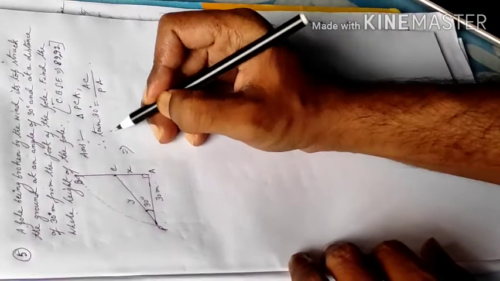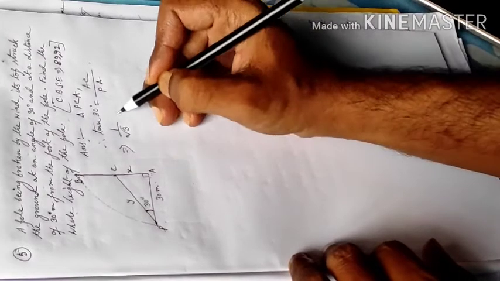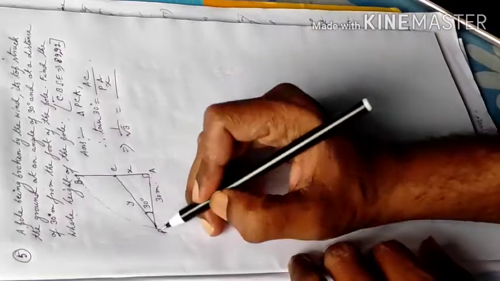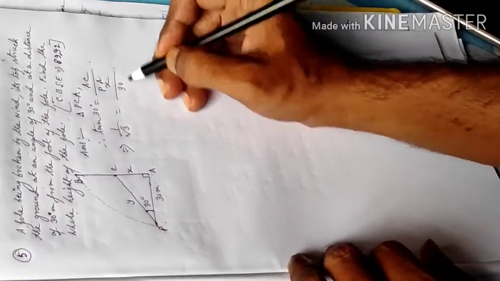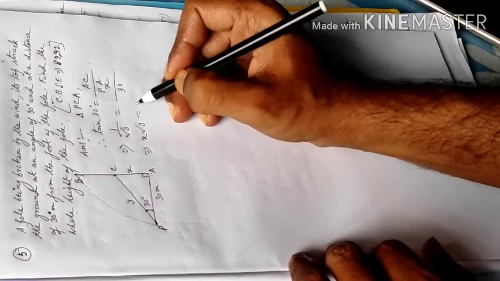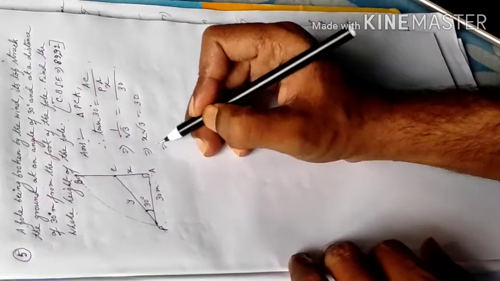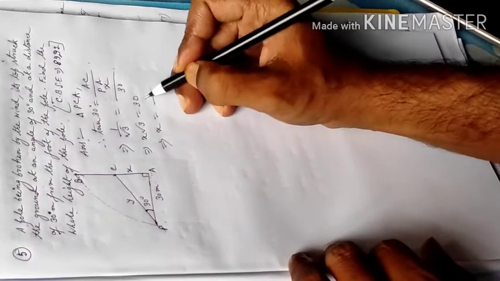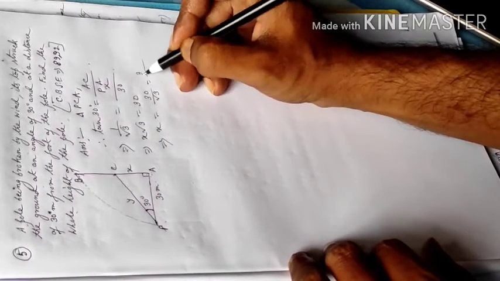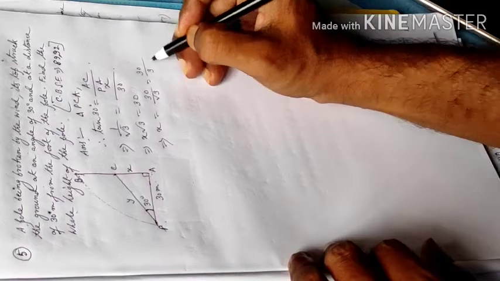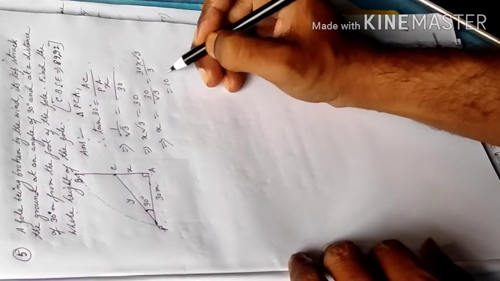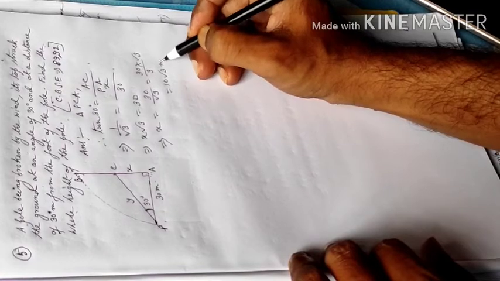So tan 30 is equal to 1 by root 3, which is equal to AC, that is x, by PA, that is 30. Therefore x root 3 is equal to 30, or x is equal to 30 by root 3, which is equal to 30 by 3 into root 3, that is 10 root 3 meter.